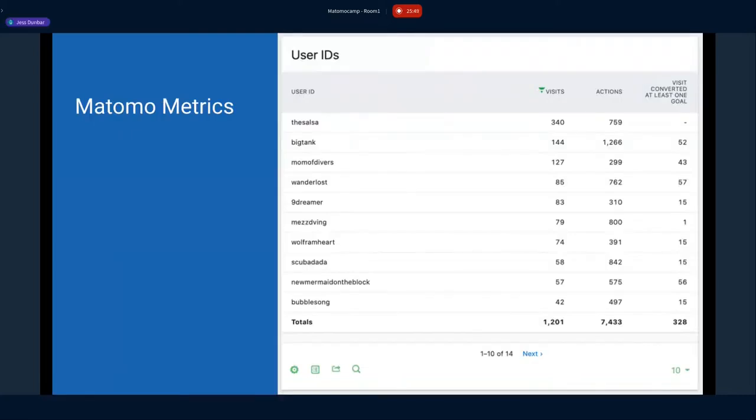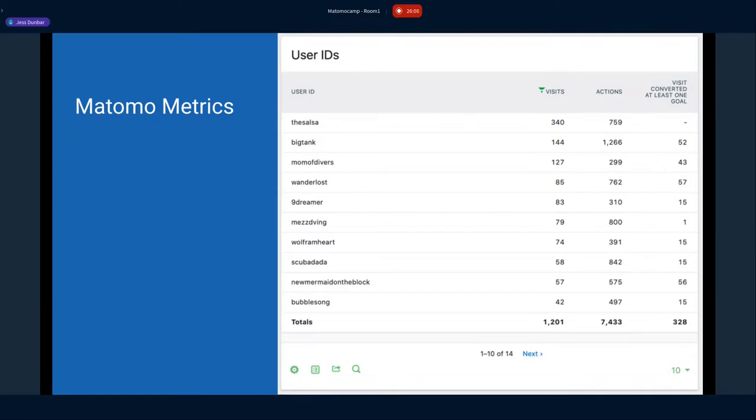The other area that we can check out that is in Matomo that I just looked into is to review the user ID reports. Now, I think there is some technical setup to these, but to access these, you can navigate to your visitors section in the main menu of Matomo.